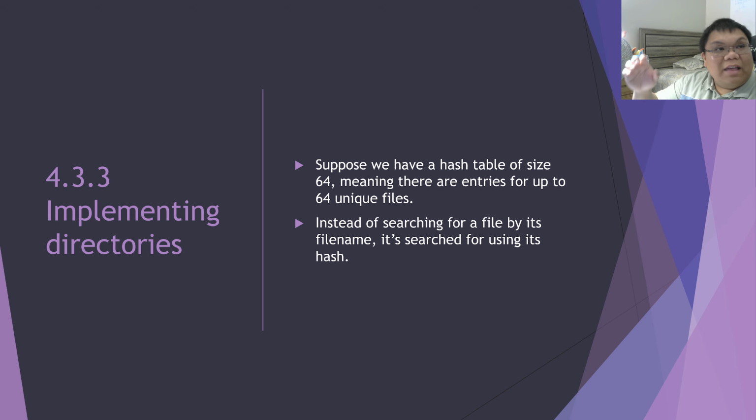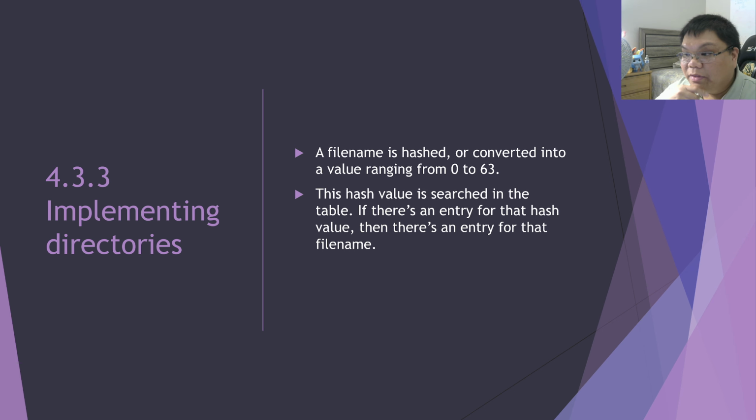So again, every ASCII character has a value. Just add up all the values, divide the sum by 64, and get the remainder. And that is one way you could get a hash value. There's probably other ways to get the hash value, but let's just roll with that example for now. Now you have converted a file name into a number that ranges from 0 to 63.